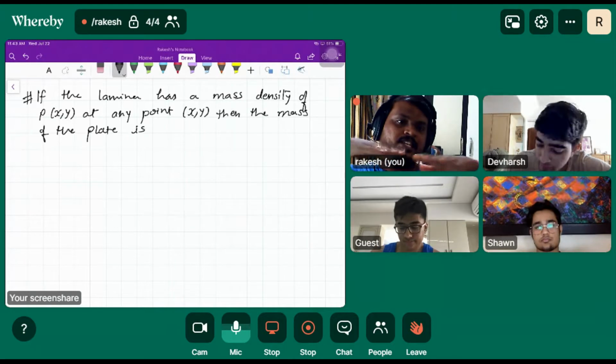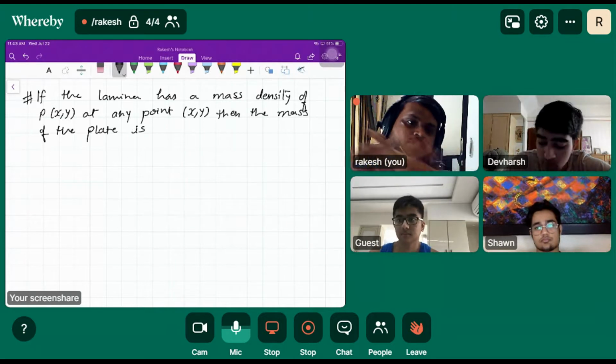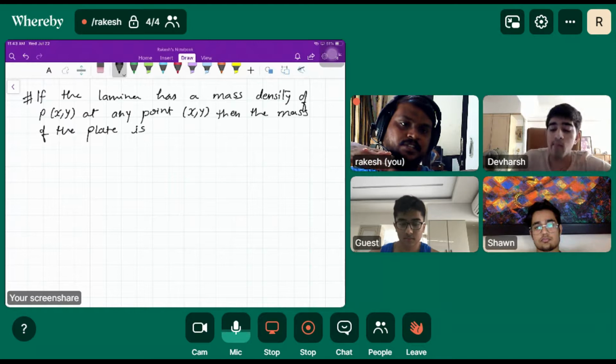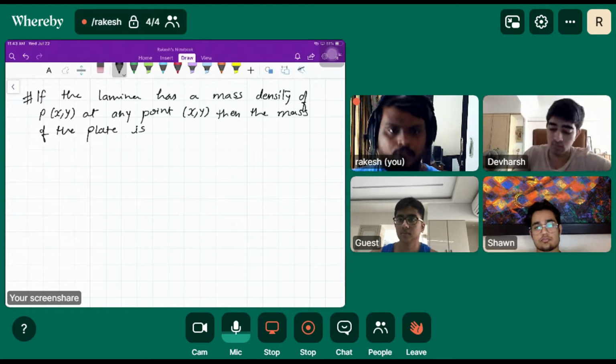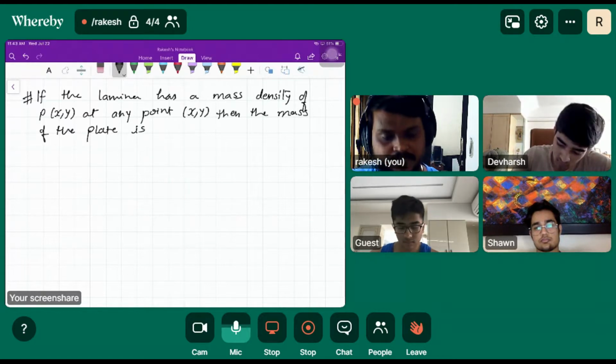Lamina is basically just a skin of the material.